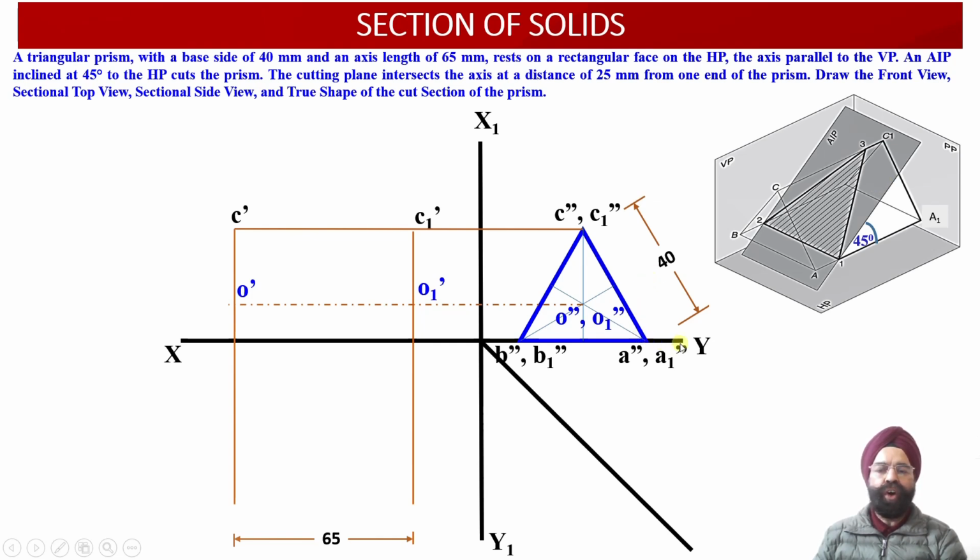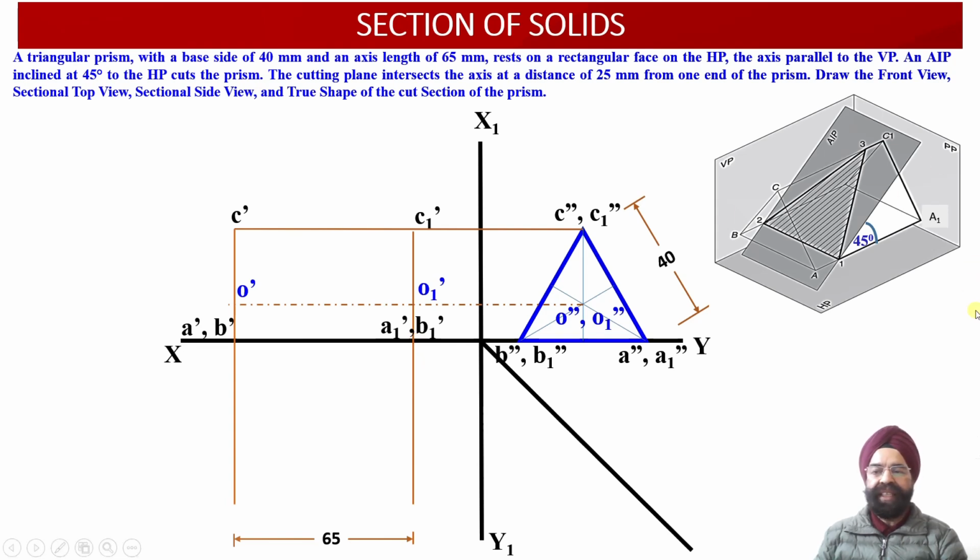Next, corresponding to the base, we have the points A dash and B dash coinciding with each other in the front view projections corresponding to the points A and B. Similarly, A1 dash and B1 dash are going to coincide with each other on the right hand side face of this triangular prism.